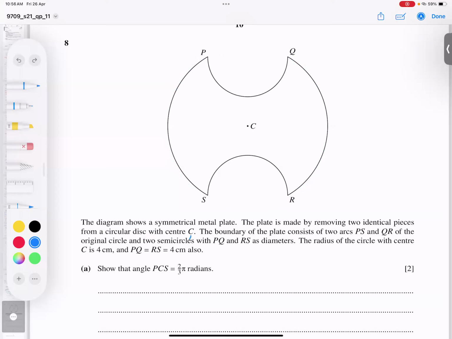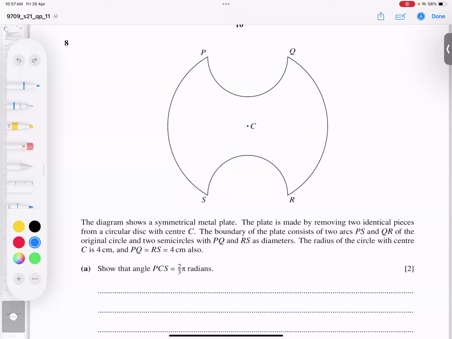It is two semicircles, and PS and QR are diameters. If I join directly from here to there, we get two semicircles. The radius is 4, so this gap is 4, and 4, 4, 4. I can get many 4s like this.